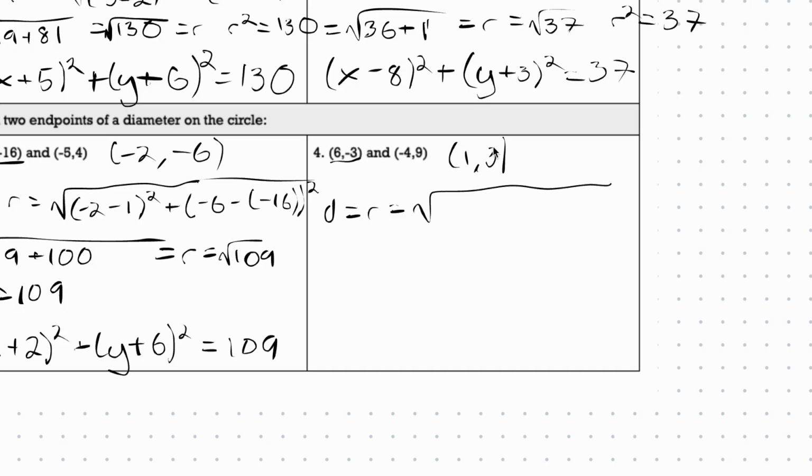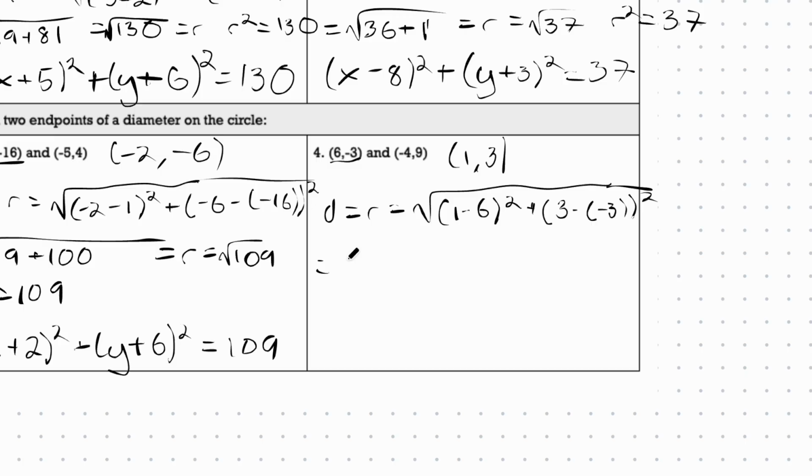It does not matter, again, what point you use. So I'm going to do (1 minus 6) squared plus (3 minus -3) squared.